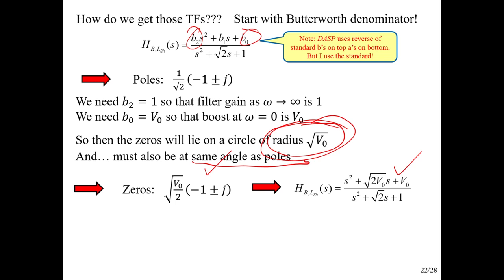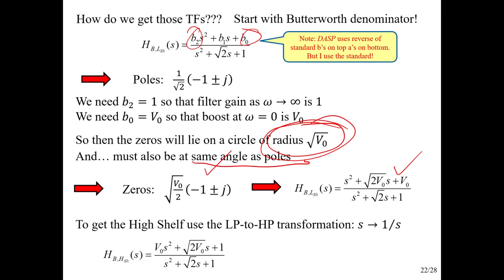So again, we could have gotten there by just starting at the beginning and working through all the math, but it's nice to be able to figure these things out in a little more intuitive way. And now here I'm going to simply apply the low pass to high pass transformation. The low shelf is built from a low pass filter, and so when I apply this transformation, it converts into a high pass filter, which will give me the high shelf form.